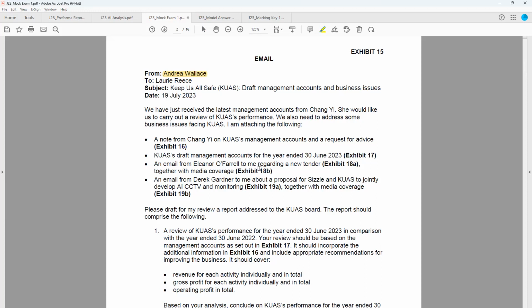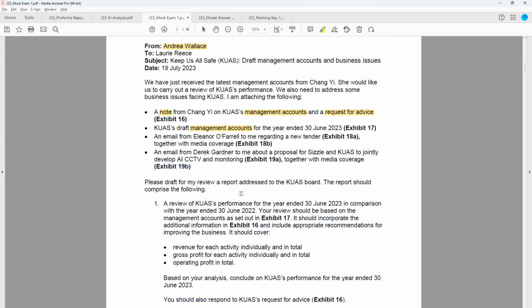I am attaching the following, and then we can see that we're going to have the management accounts as we'd expect, and there's a request for advice. And we've got a note with the management accounts and the management accounts themselves. So they're the parts which will be relevant for requirement 1. This will of course be for requirement 2, and this will be for requirement 3.